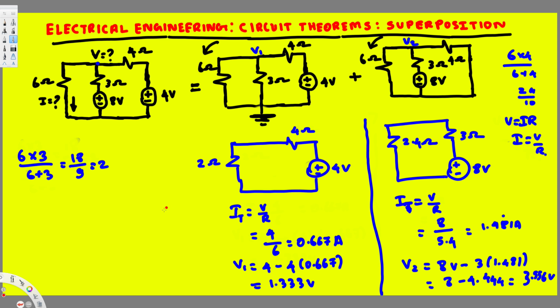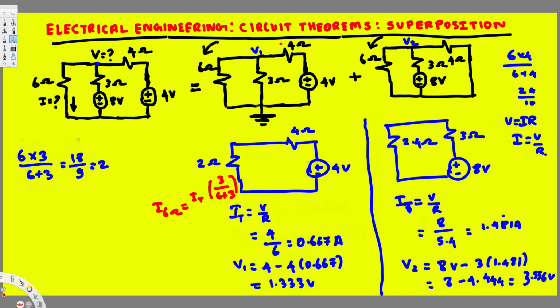Okay, at this location we have I total. I 6 ohm must be equal to IT times 3 divided by 6 plus 3. So this is the equation. When we have to find 6 ohm, we have to put the other resistance on top, right?